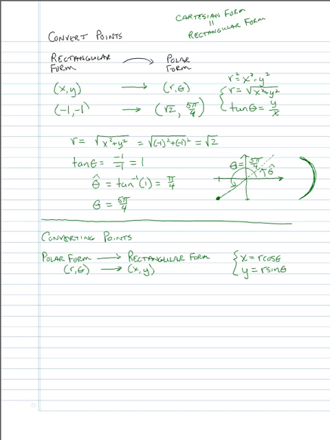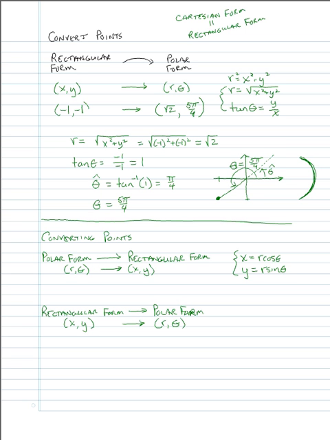When we're converting from rectangular form to polar form, we're starting with a point in the form x comma y. So we know our x and y value. When we're done, we need to have a point listed as r comma theta. Okay.